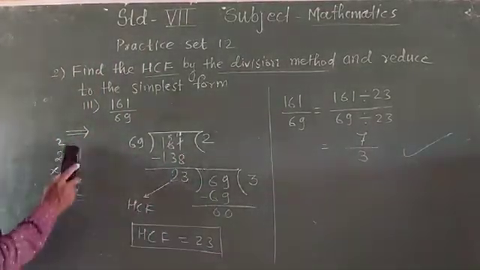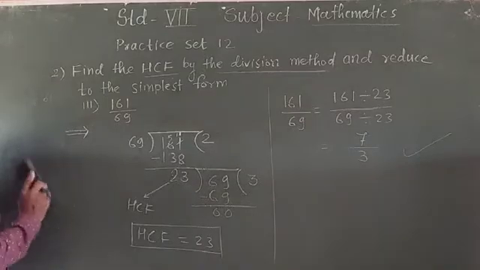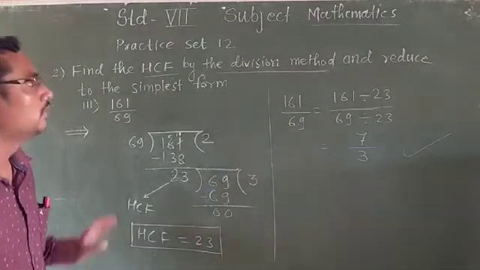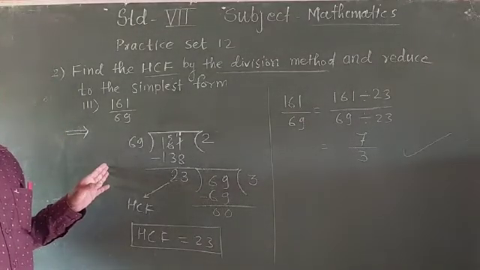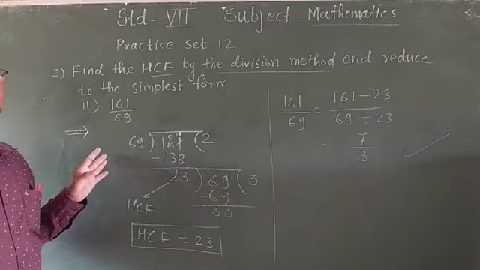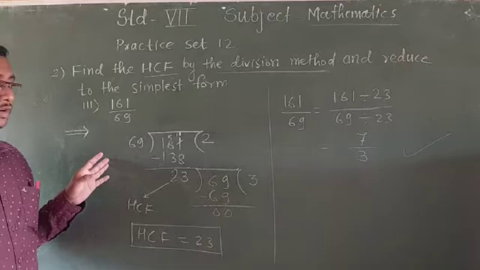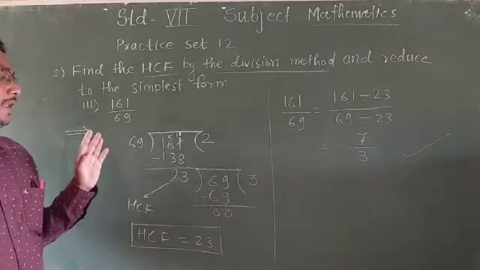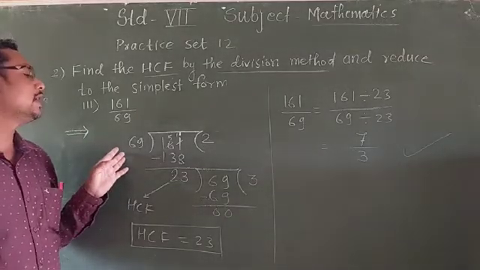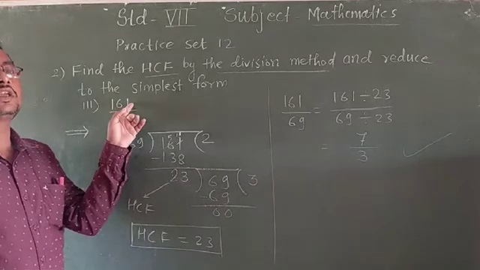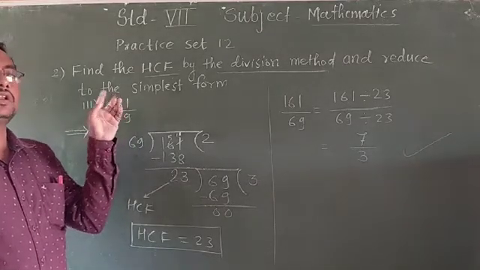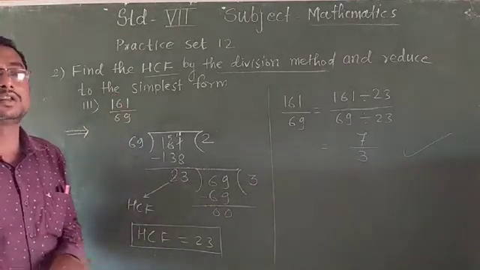Okay. So like that we have to find the HCF by using the division method and also write in a reduced form. That is the simplest form. So what you have to remember? आपल्याला काय remember करायचे आहे? First, divide the bigger number by the smaller number.